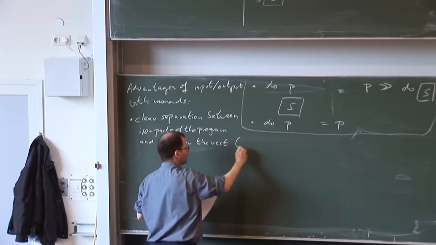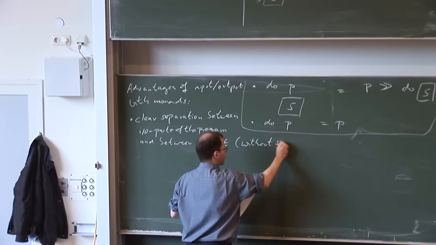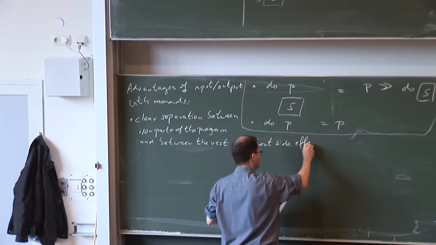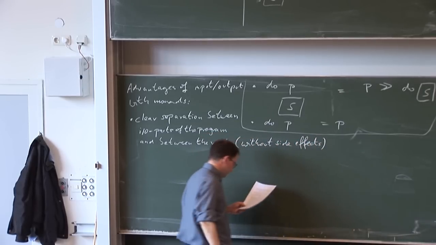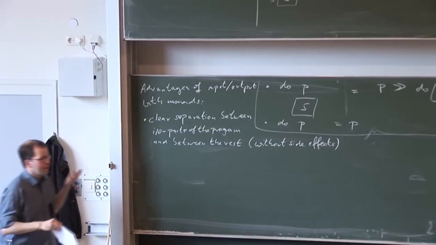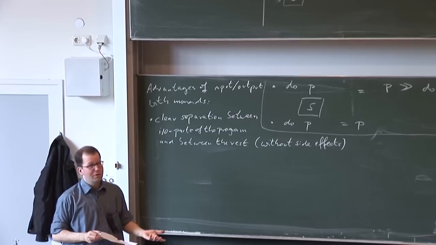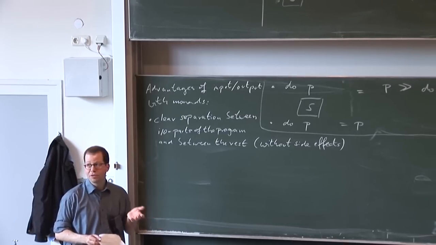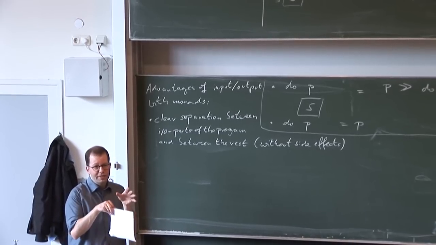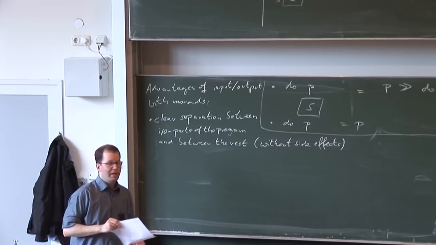And the rest of the program is the part that has no side effects. So what I mean by that is you have those things that are influenced by the outside world. For example, when you read a character from the keyboard, those parts are encapsulated in these I/O objects, and they can never come out of these I/O objects again.